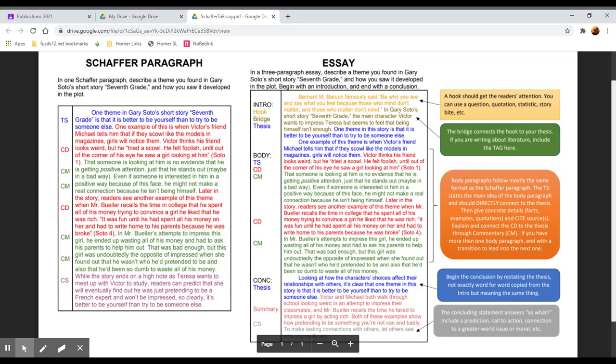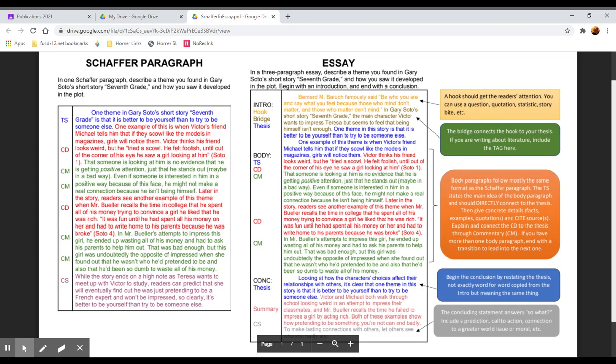Since both examples from the text have to do with how characters' choices affect their relationships with others, we've added that into the thesis to give it a little bit more information based on what you used, right?